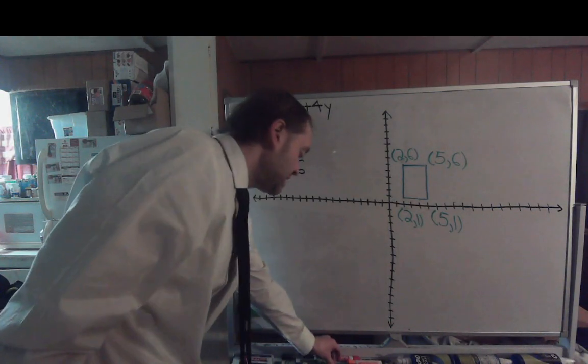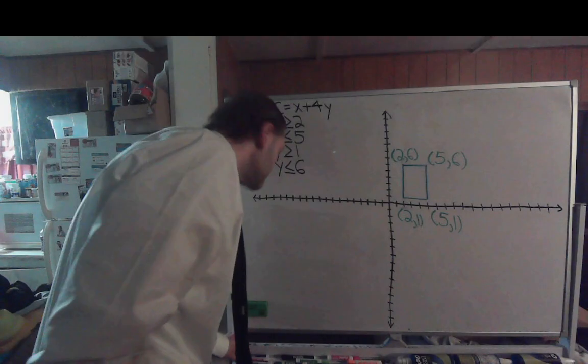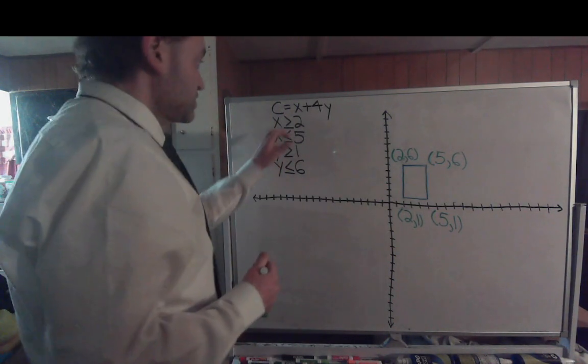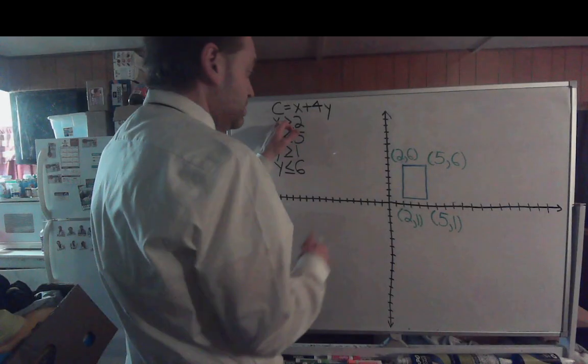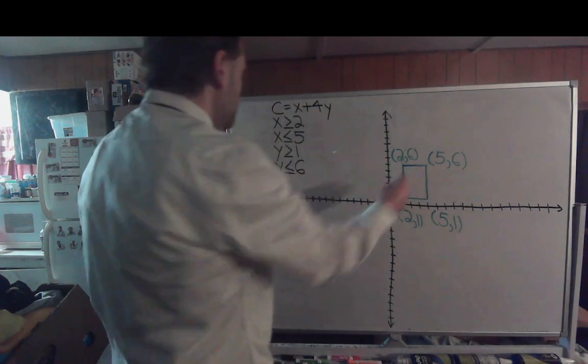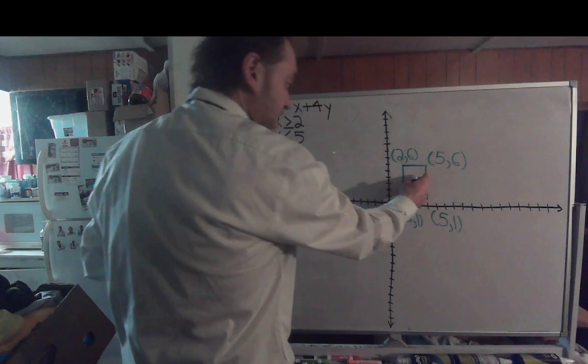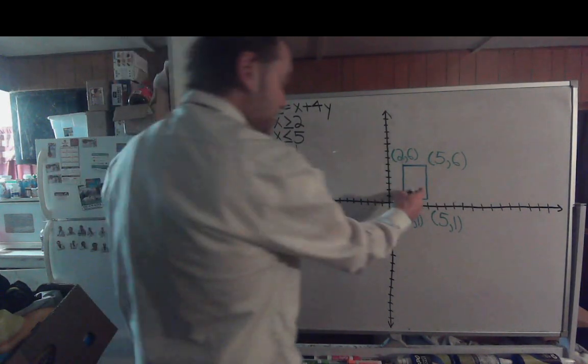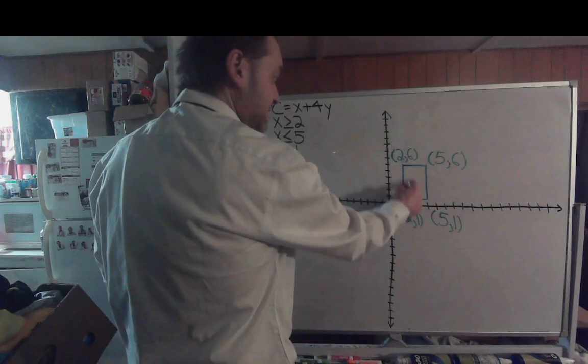Now we need to shade the appropriate region. So x is greater than or equal to 2, which will be over this way. X is less than or equal to 5 will be this way. Y is greater than or equal to 1 and less than or equal to 6. So you're going to shade inside of this box right here.